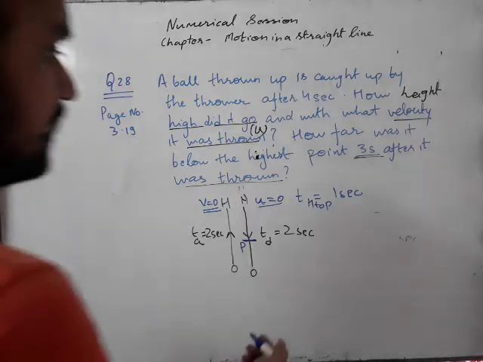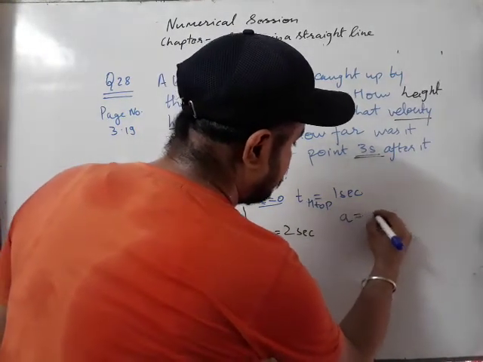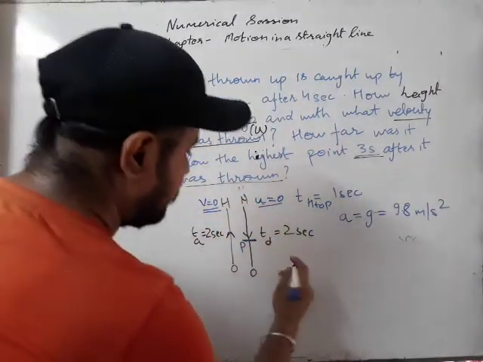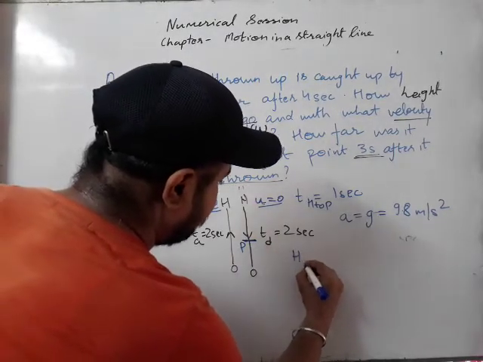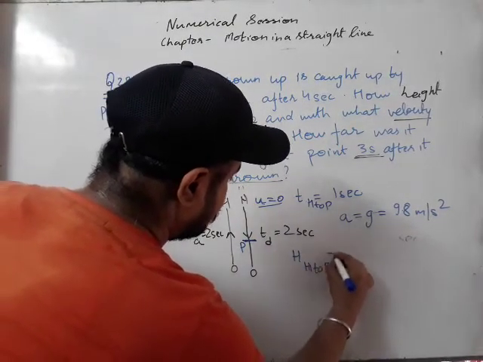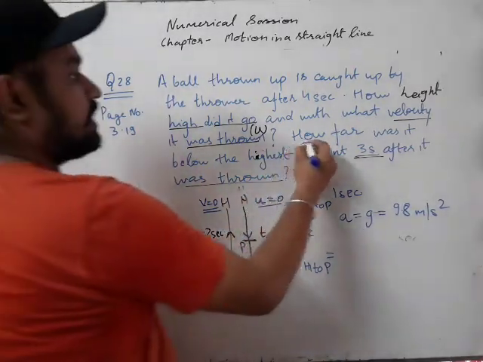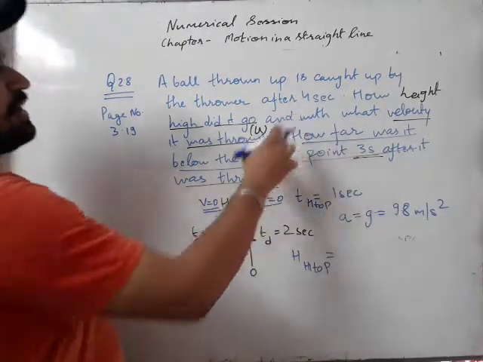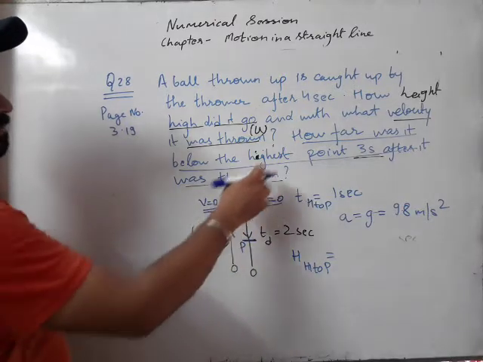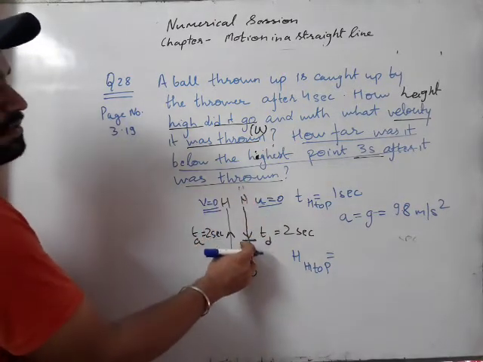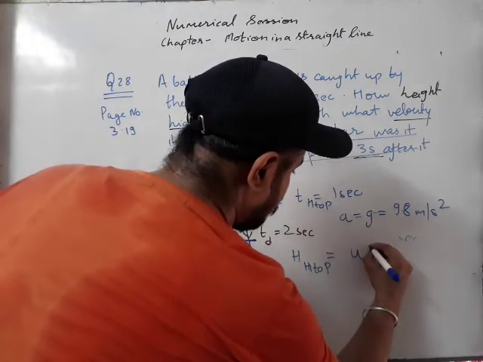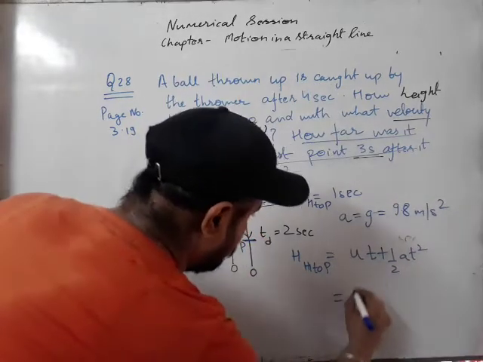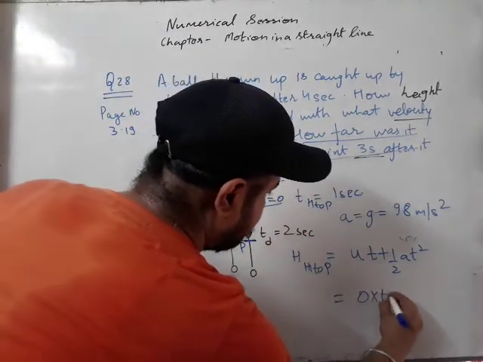Now we have to find out the distance. Since the journey is downward, the acceleration is acceleration due to gravity, and it will be positive over here. So we will be putting the value for finding HP, the height from H to P, that is below the H according to the question. Kindly read it once again for better understanding of what this part is actually asking. 3 seconds after it was thrown, below H, it is over here at point P. So HP will be equal to ut plus half of at square, where u will be 0, 0 into t.